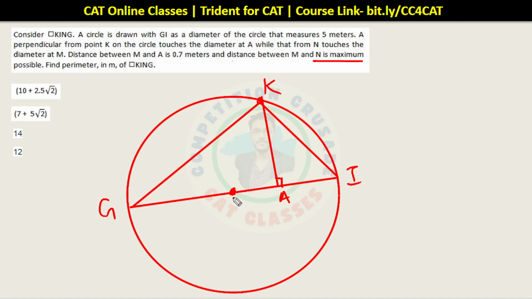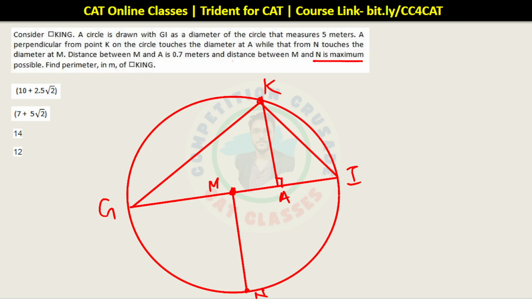Exactly at the center, because from this position N you will find that this is the radius of the circle. So this is going to be M, and this point is N. I hope you can see that.